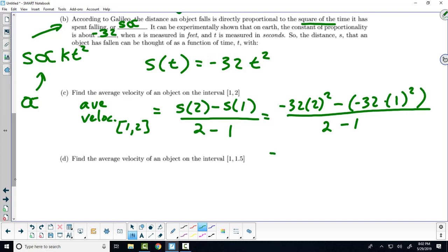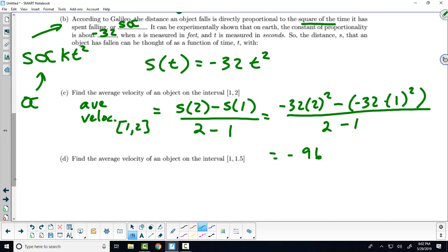If we clean this up, I think we get negative 96. This would be 4 times negative 32, negative 128, and then we would subtract from that 32, or add to that 32, I guess, so we get negative 96 over 1.